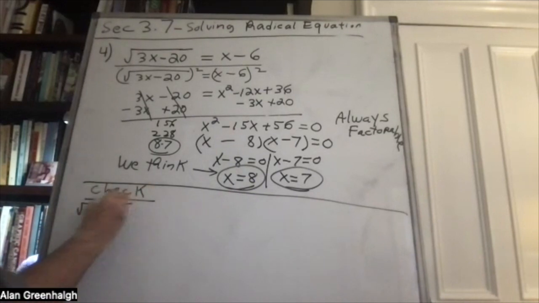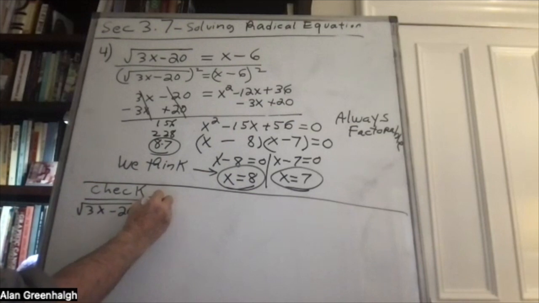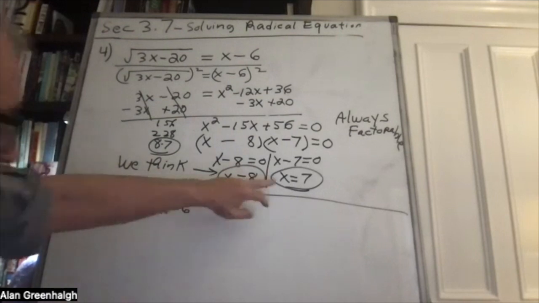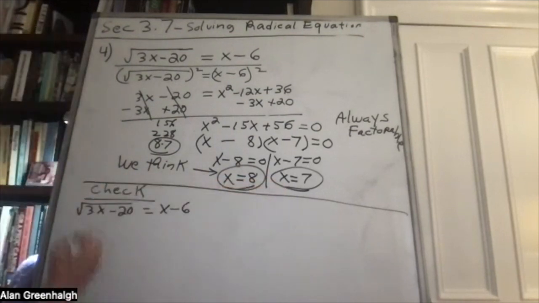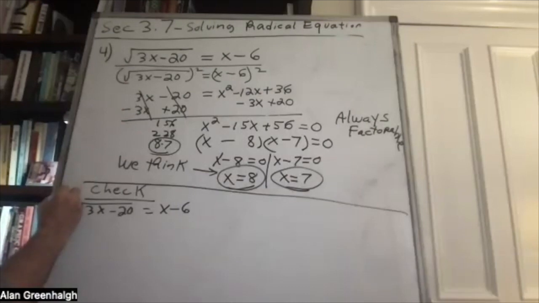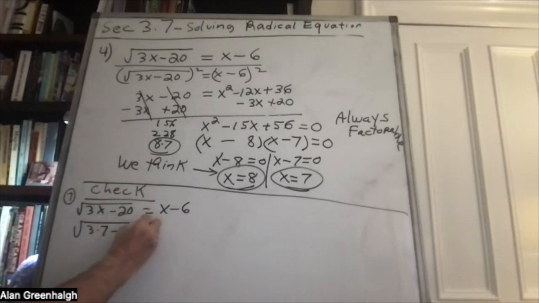Take the original equation, the square root of 3x minus 20 equals x minus 6. Let's check the 7 first, the smaller of the two. So the square root of 3 times 7 minus 20 equals 7 minus 6.